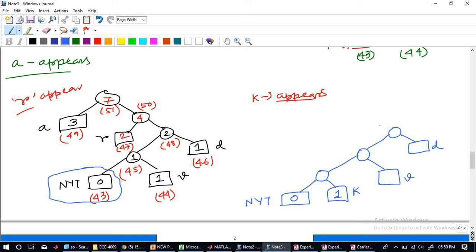So D is appearing over here. This goes to something which is R. This happens to go to another node. Am I correct? Is it fine? What I'll do is I'll just remove this for the time being.